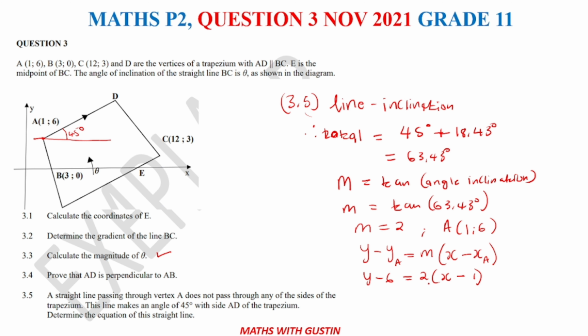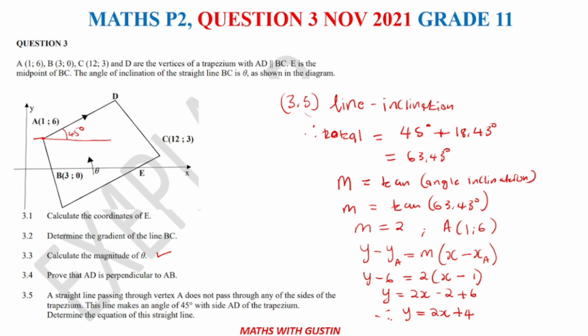And then if we do everything here and find y on its own, minus 2 plus 6, our equation is going to be y equals 2x plus 4.